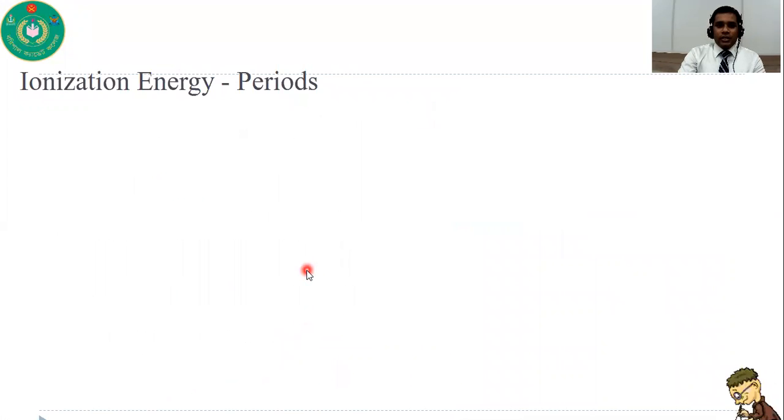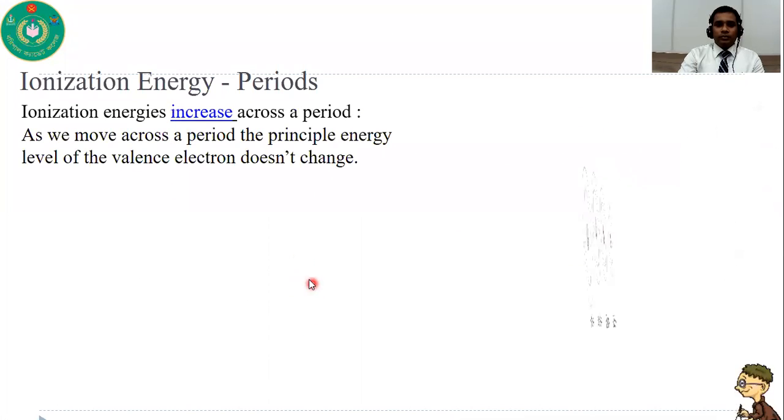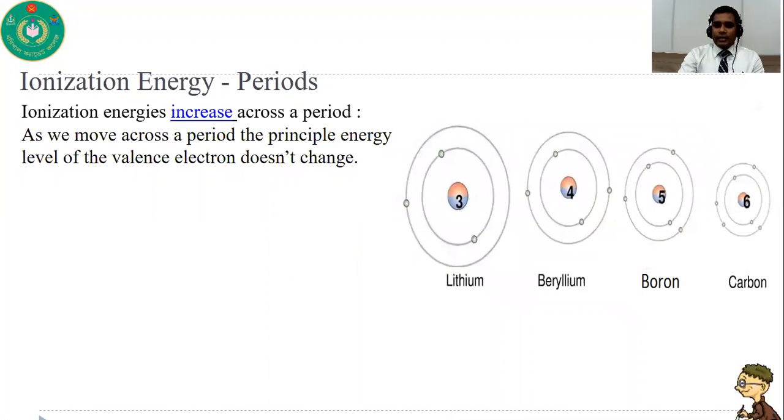Now ionization energy in a period. Here you can see that from left to right, atomic radius decreases. As atomic number increases, the number of electrons also increases. Due to the increase of atomic number, atomic radius decreases. As atomic radius decreases, the outermost electrons are tightly bound with the nucleus. That's why electrons cannot be removed easily.